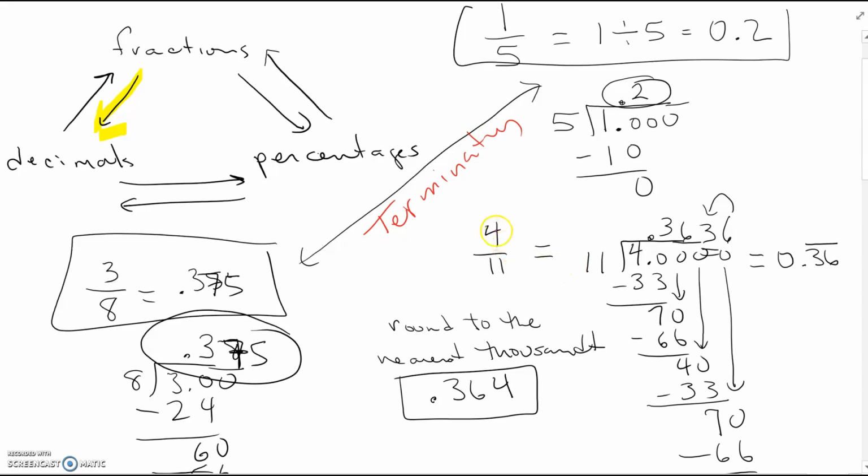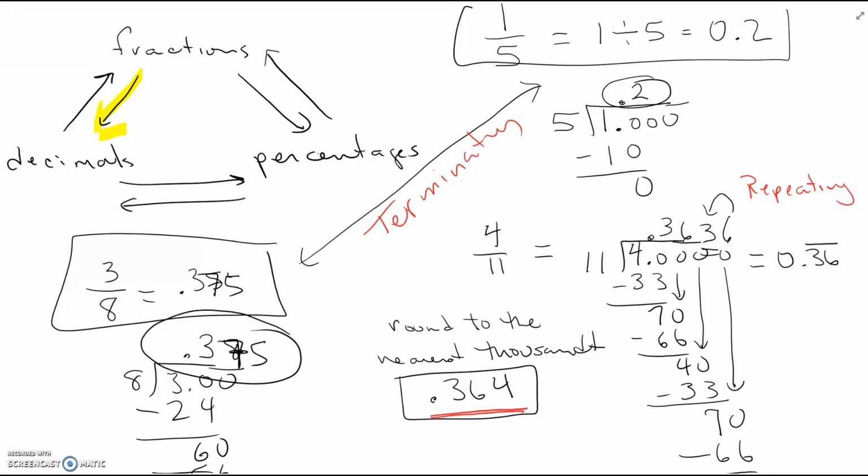And then the other type we did, 4/11, is what's called a repeating decimal because something repeats over and over and over. All fractions are either going to be terminating or repeating, and since we're never sure if something has started repeating yet unless we divide it out, we'll be rounding to the nearest thousandth in most cases.